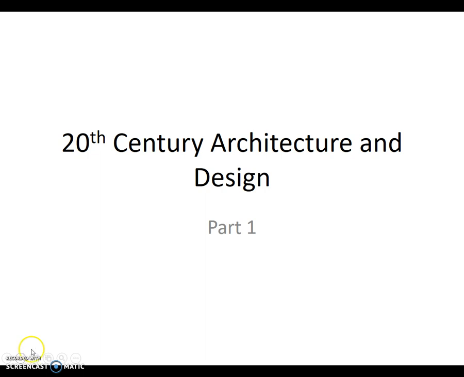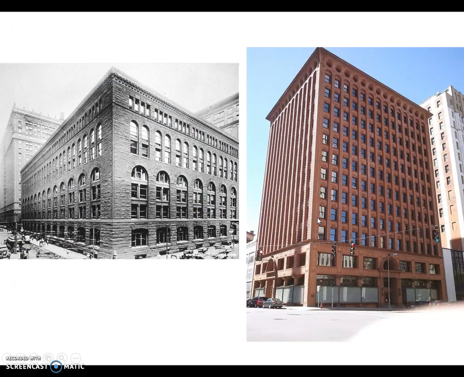So what does that mean in terms of actual effects? Well, a couple of important architects to take into account in this transformation of architecture. The first one, whose building is on the left, the Marshall Field Wholesale Store in Chicago, is Henry Hobson Richardson.